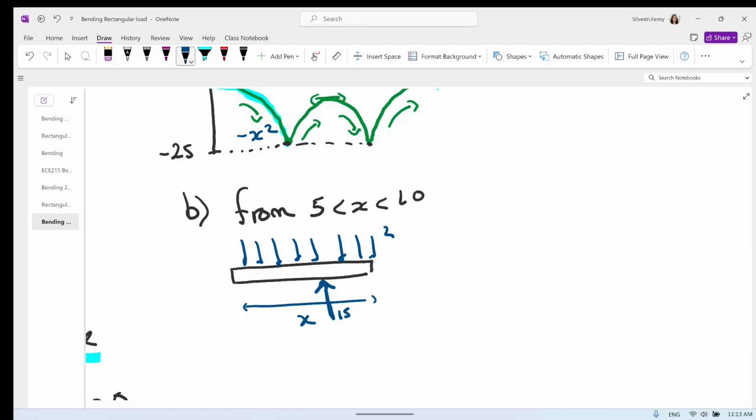This free body diagram is equivalent to this. Oops. 15, distance x. No, distance x, sorry. Distance 5, distance x.